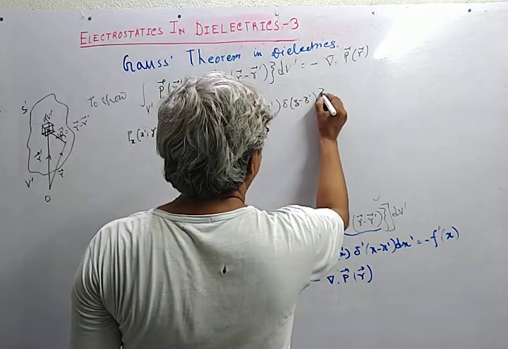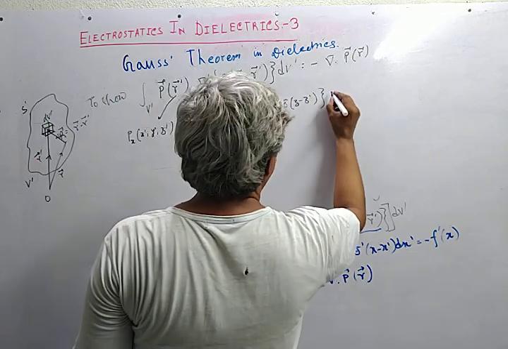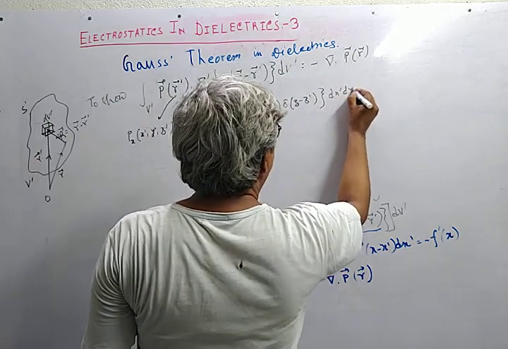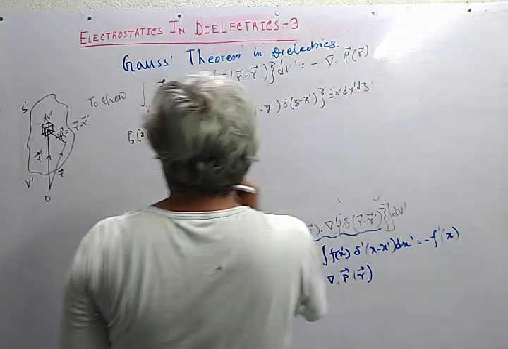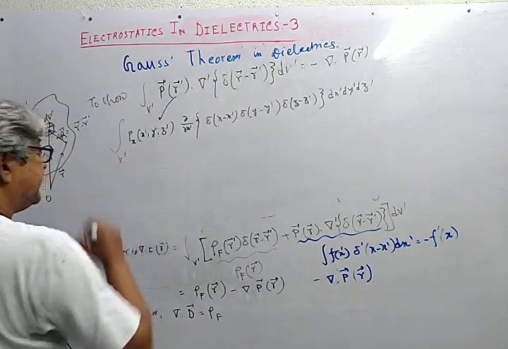Recall the property of the delta function, and for dv it is dx prime dy prime dz prime, integration over v prime.